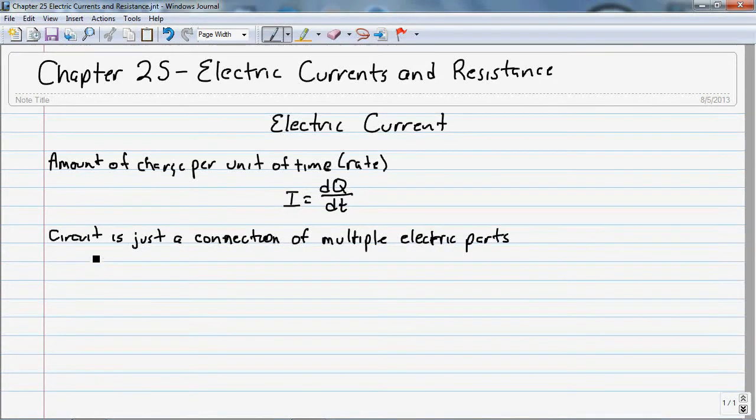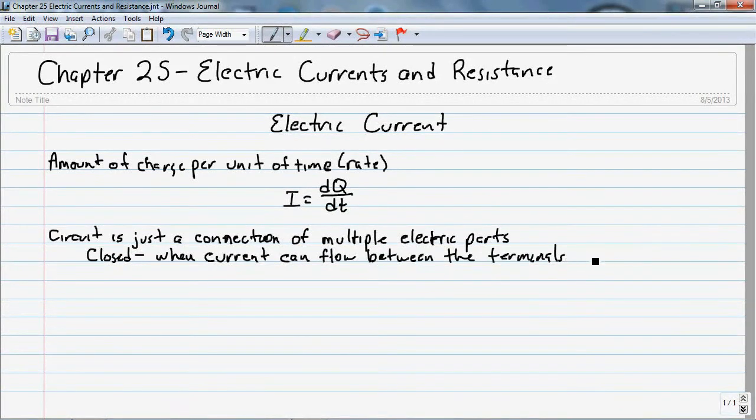And a circuit is closed when the current can flow between the terminals of a battery. And it's open when current cannot flow.